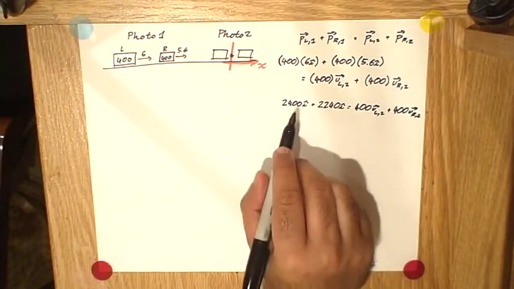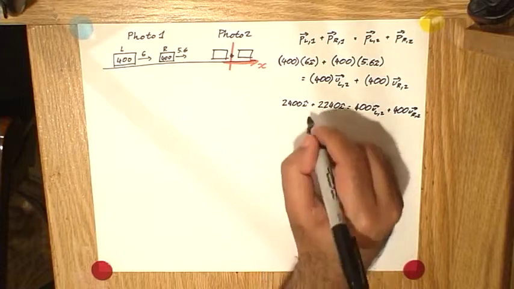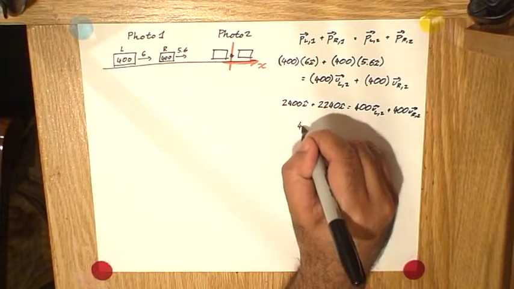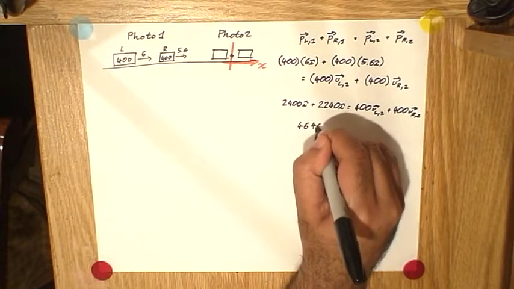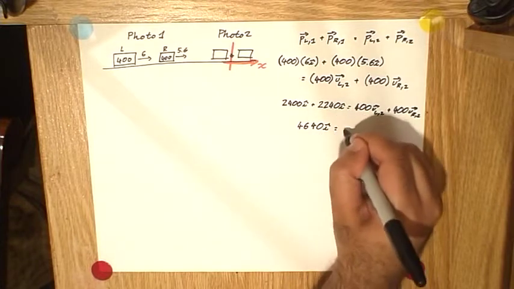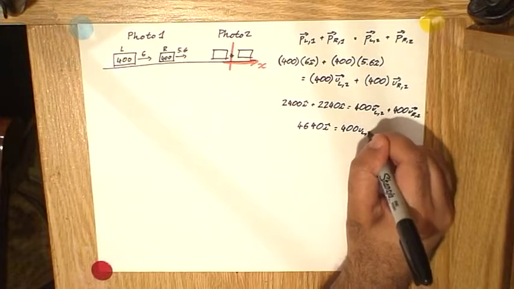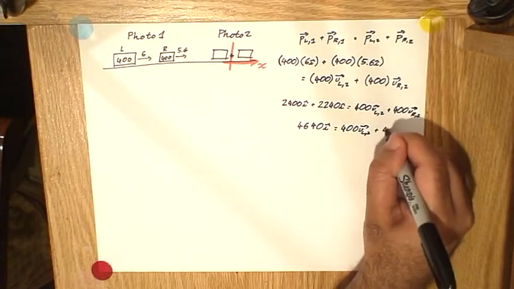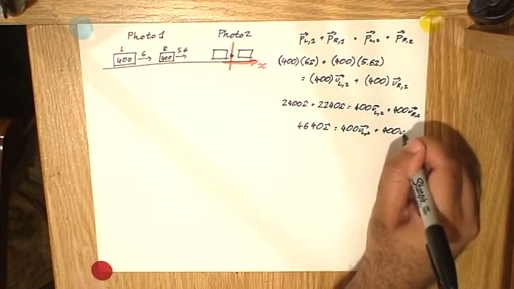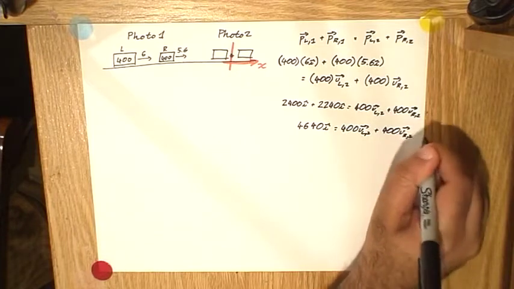Let's simplify this. 2400 plus 2240 gives us 4640 i hat is equal to 400 times the velocity of the left car in photo 2 plus 400 times the velocity of the right car in photo 2.